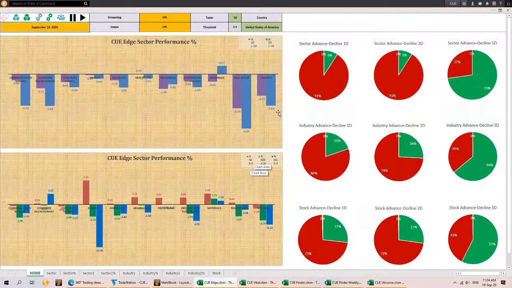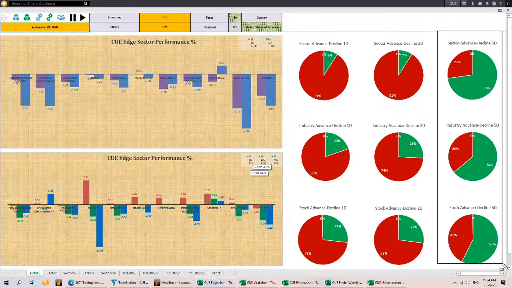Before that, why don't I look at the market using Q edge also. Over 5 days, we saw the sectors were up, and from Q edge advanced decline breadth information, 73% of the sectors are up, industries 64% and stocks 57% up.